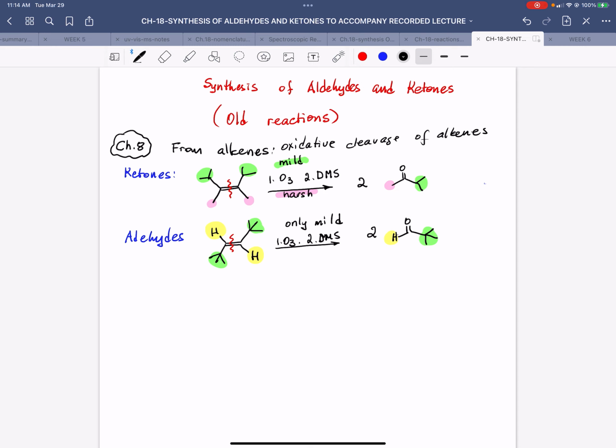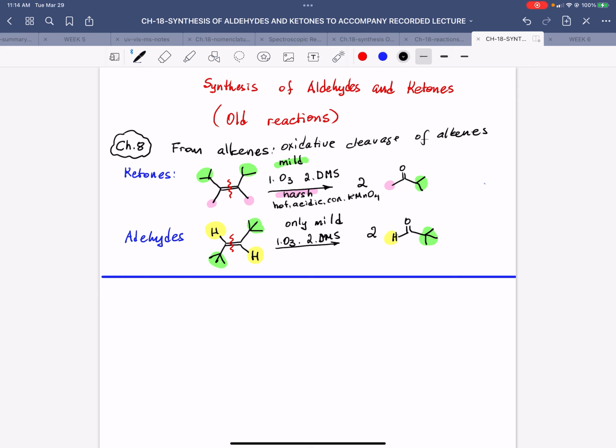And just to remind you, the harsh conditions are going to be hot, acidic, concentrated KMnO4 solution. Okay? So for ketones, we can use hot acidic concentrated KMnO4, and for the aldehydes, only the mild conditions. Okay, and this is it for the chapter 8 synthesis. Let's move on.